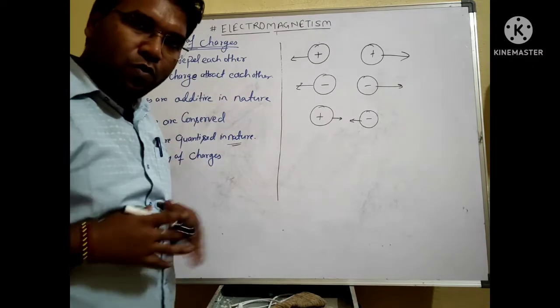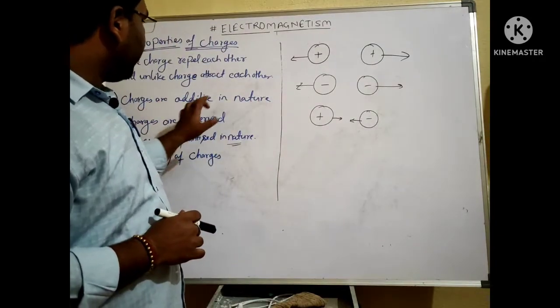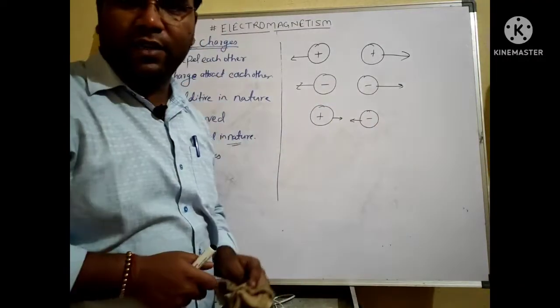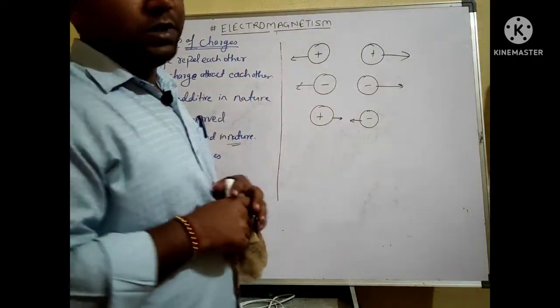Now we are going to move on to the second line, that is, charges are additive in nature. What is the meaning of charges are additive in nature? We have to understand this by considering an object.